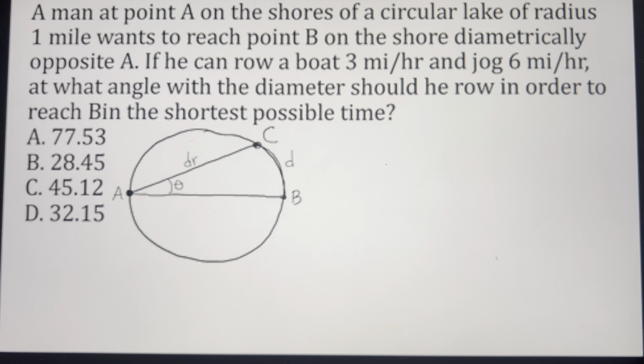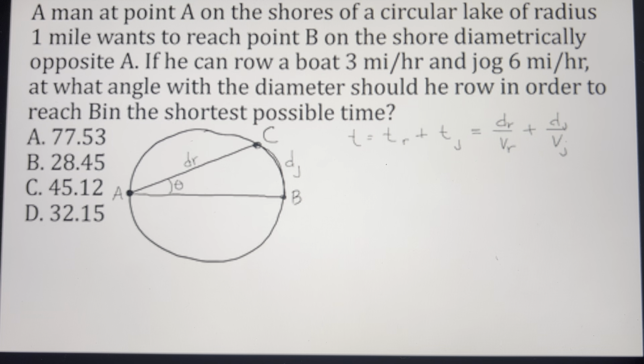So time will be the time spent in rowing plus the time spent in jogging. And we all know that velocity is distance over time, so time is distance over velocity. So this is the distance in rowing over velocity of rowing plus distance of jogging over velocity of jogging.